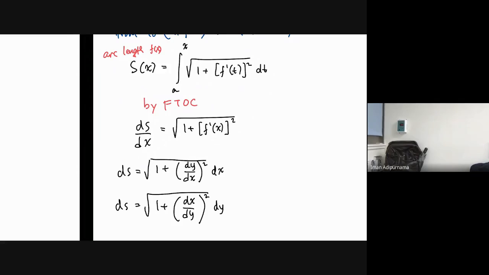The result should be the same. And I think the consideration in choosing dy over dx or dx over dy depends on the curve, which one you think is easier to compute. So that's the arc length function.